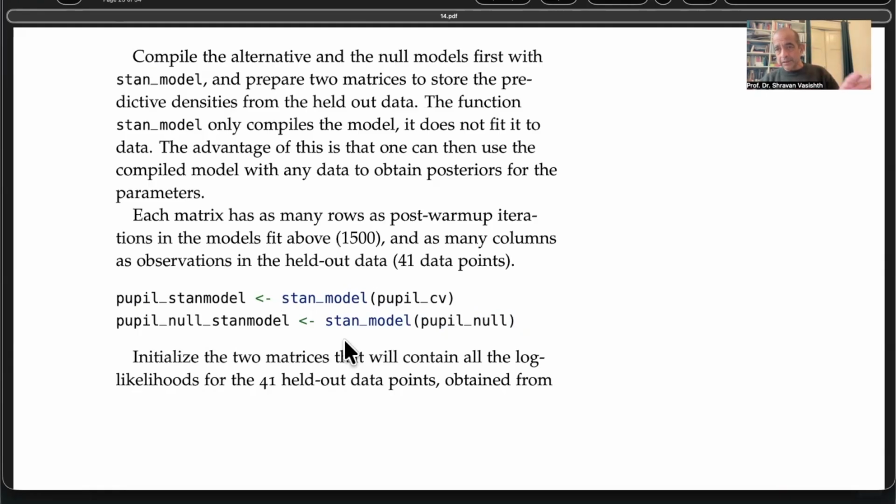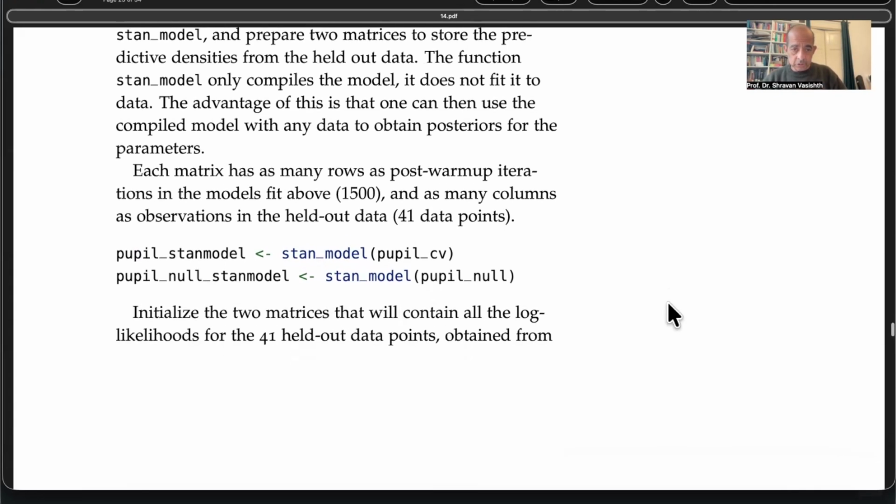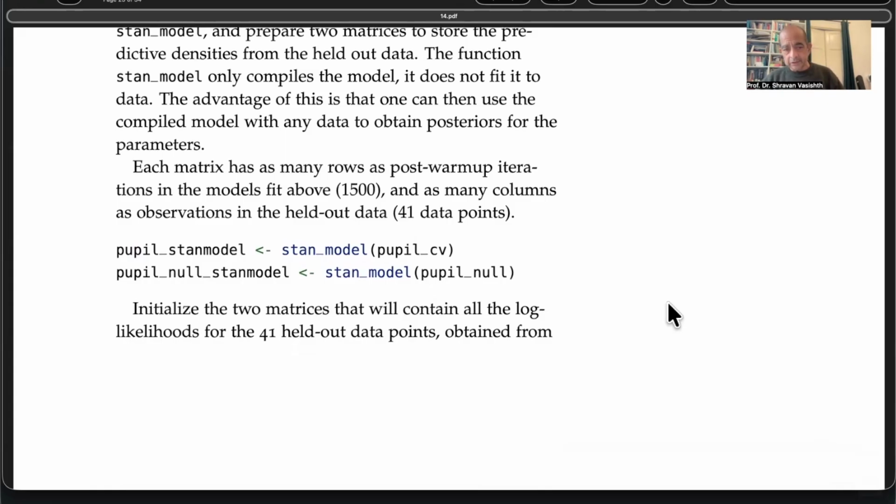It doesn't actually estimate the parameters. Once the model is compiled, you can give any data to that compiled model and it will produce posteriors. That's the advantage of the stan_model function: it compiles the model, but you can put any data into it later on and you'll get posteriors.